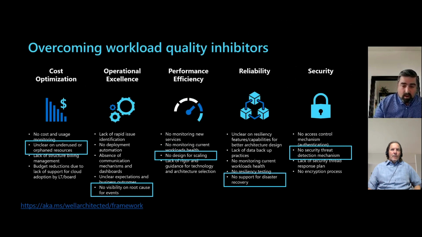There's a lot of times where we see customers that start getting a lot more traffic than they typically do at various times of day, and they can't scale and the environment goes down. There's a lot of best practices to be able to scale on demand that some customers aren't mature enough to really understand how to do.